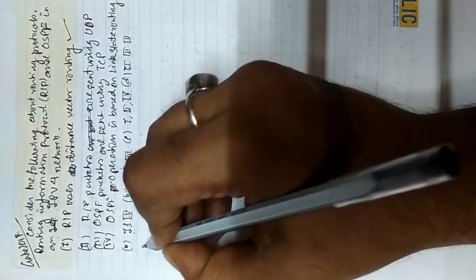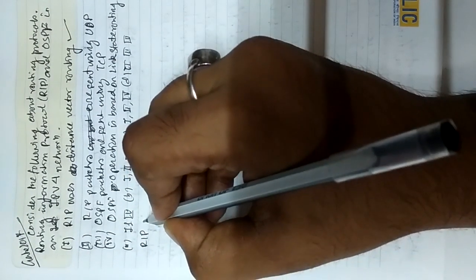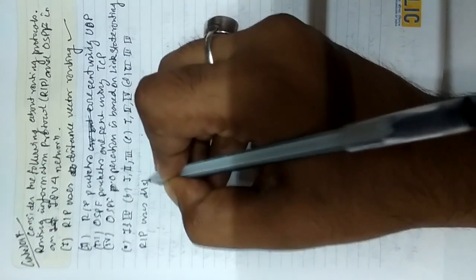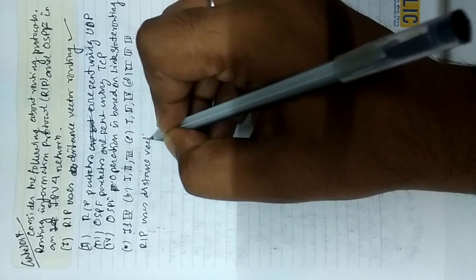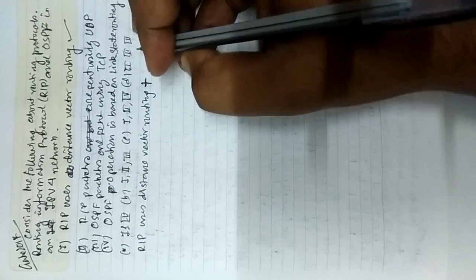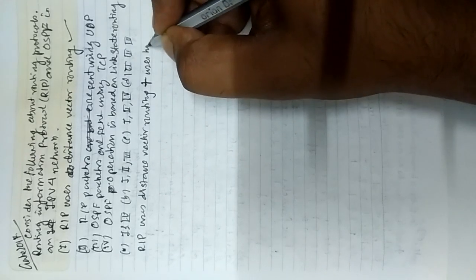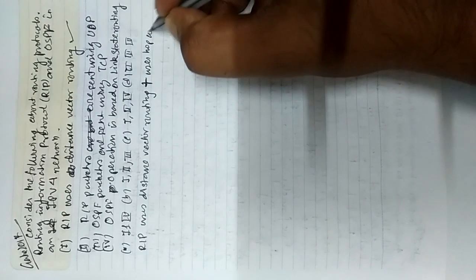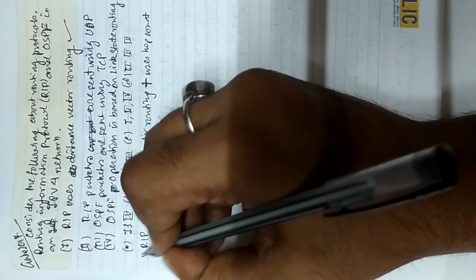Okay, so let us see this. So we know that RIP, that is routing information protocol, uses distance vector routing and uses hop count as a metric. We know that. So this one is number 1 point.